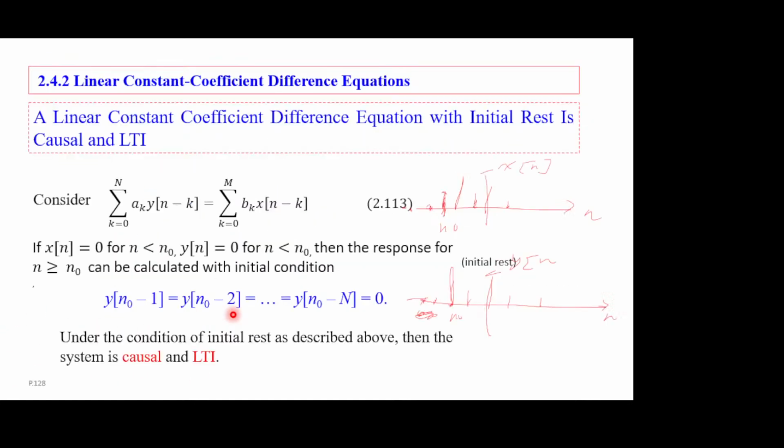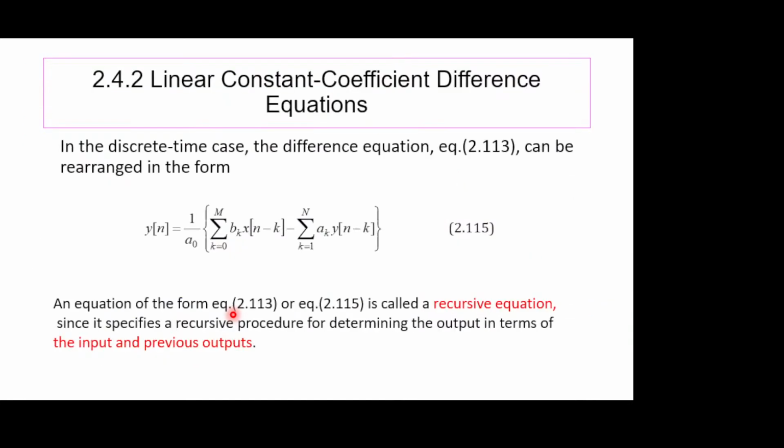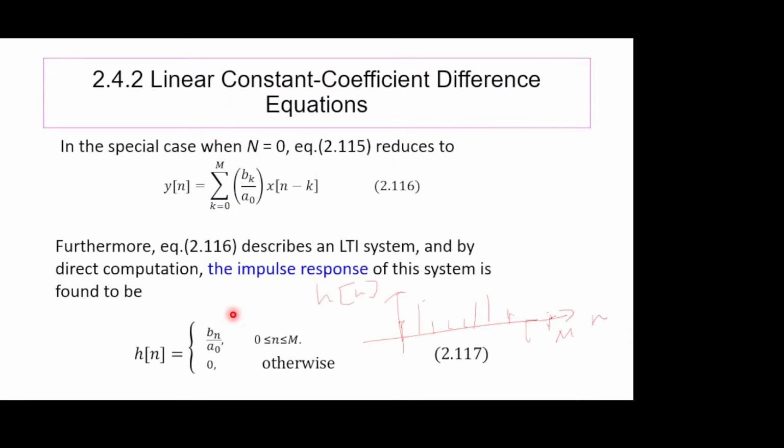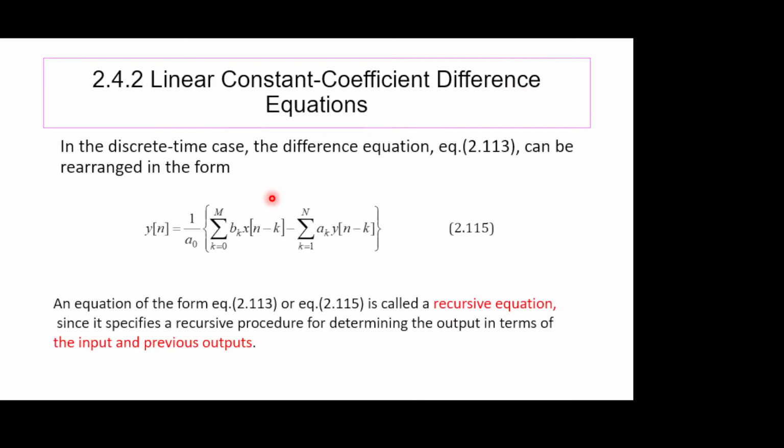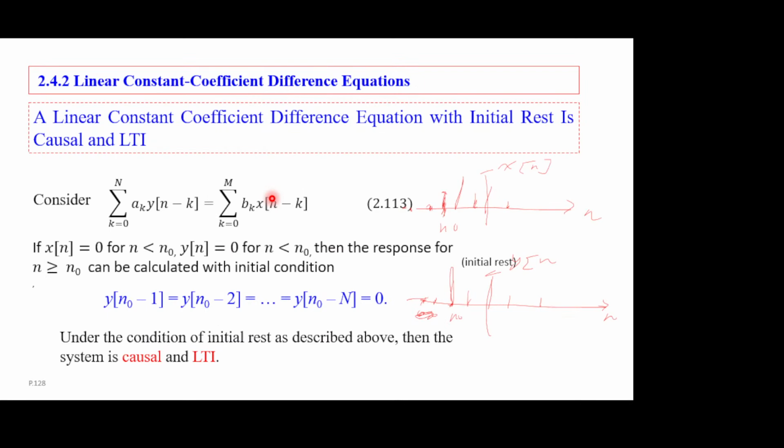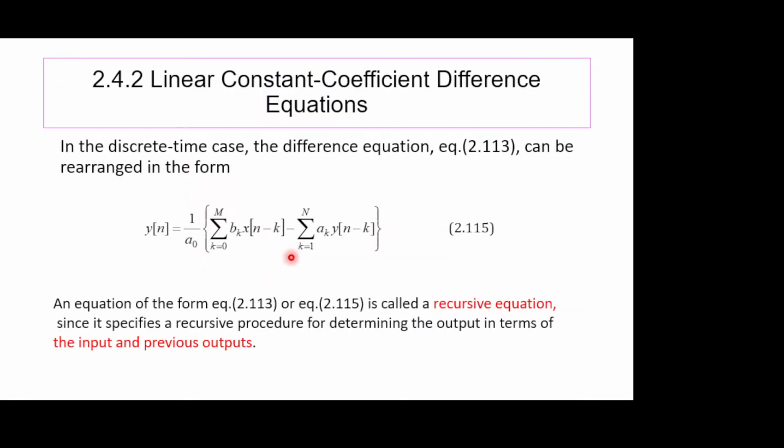And for the difference equation, we do have a way to solve it. It's quite dumb, but you can solve it recursively. You know that y stays 0 until x has something. So you can rewrite your difference equation like this. You put all the y of n minus k to the other side for those k not equal to 0, and you have y of n on one side.